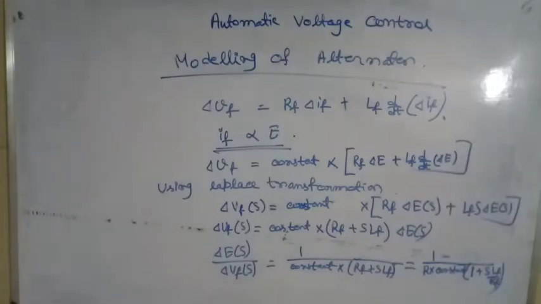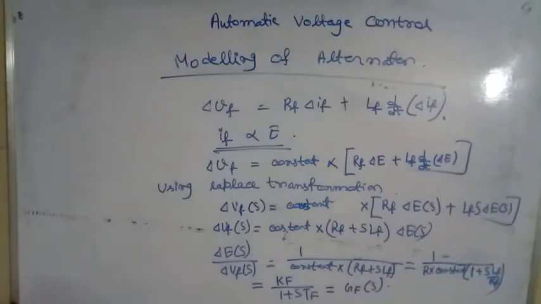This equals KF by 1 plus s TF, which is equal to GF(s).